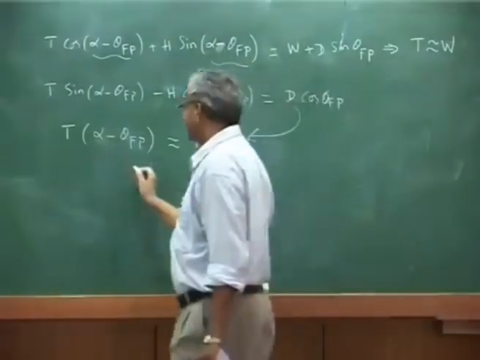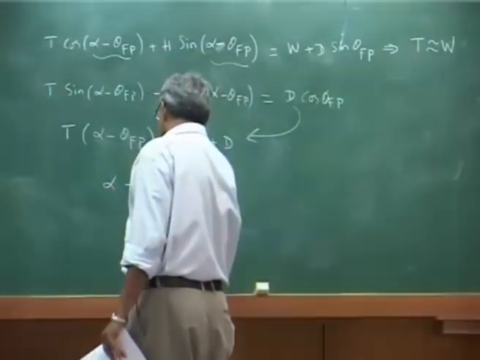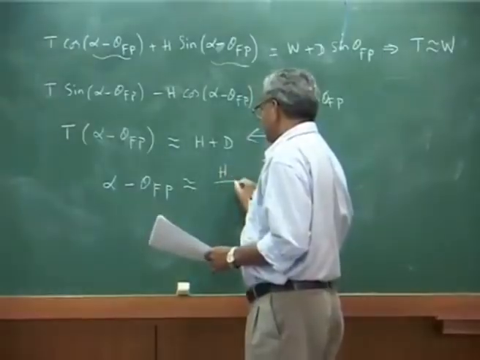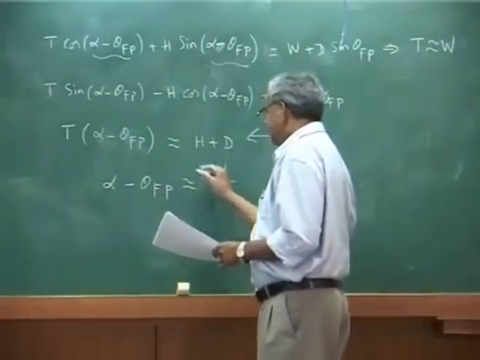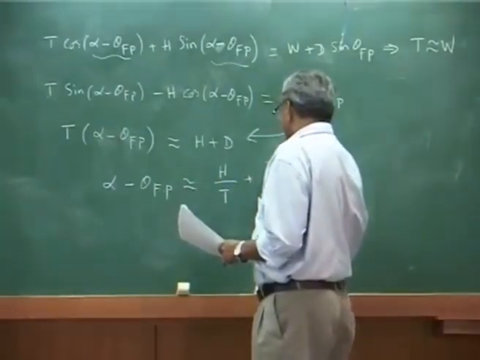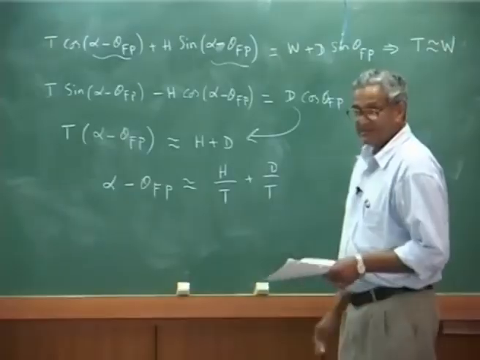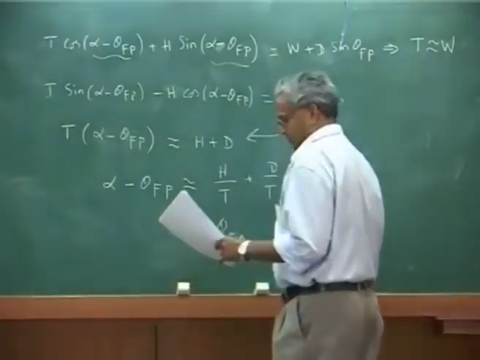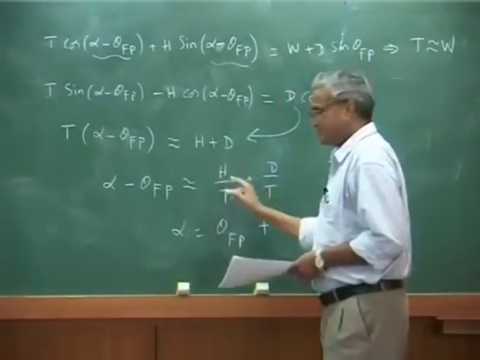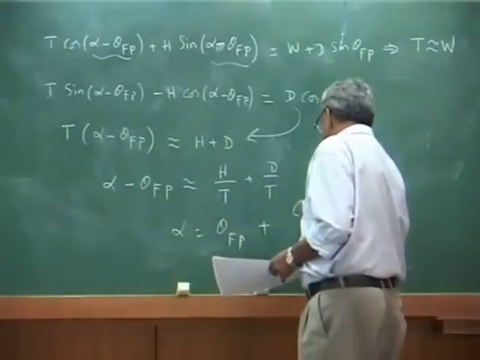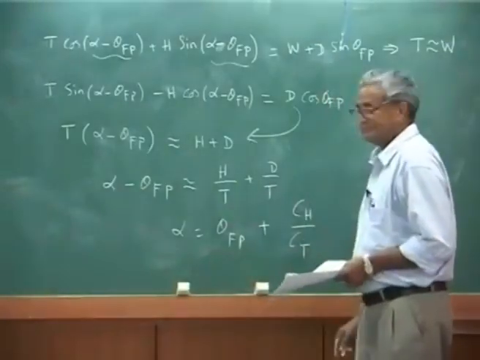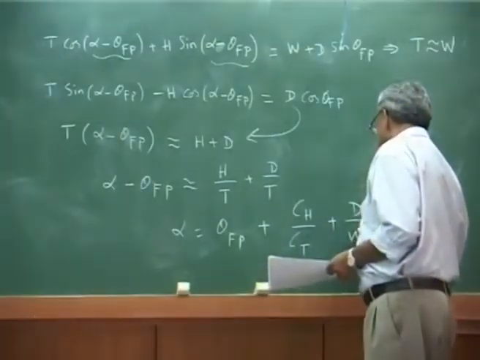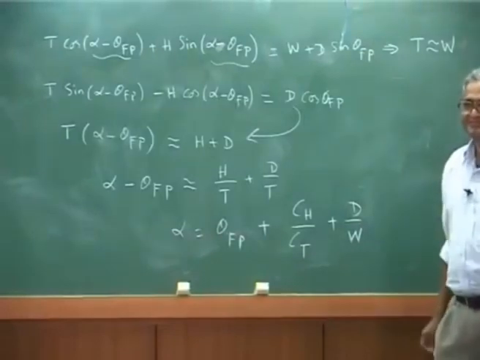Now, I will write alpha minus theta f p is H over T plus D over T, or in other words, alpha is theta f p plus H non-dimensional, I am putting C H over C T. Here it is, I am writing it, T is W, so I am putting D over W, just an algebra modification.